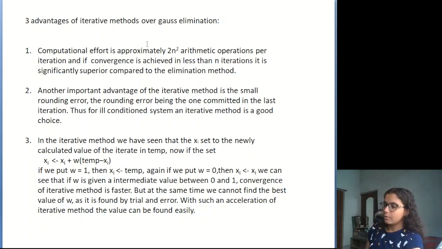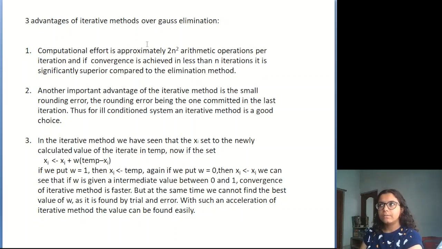After doing all the iterations, the rounding error is very small, as the value is very accurate, since we have already done 4 to 5 iterations. The rounding error is only the one committed in the last iteration. Thus for ill-conditioned systems, an iterative method is a good choice.